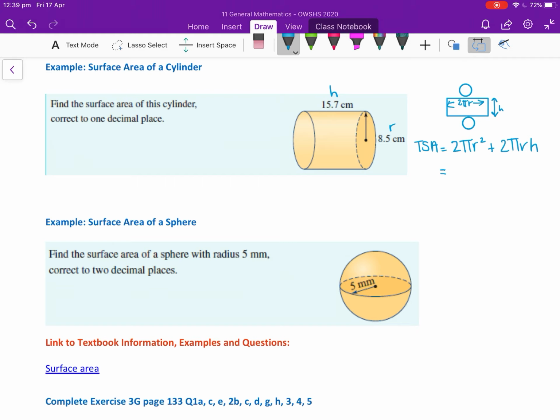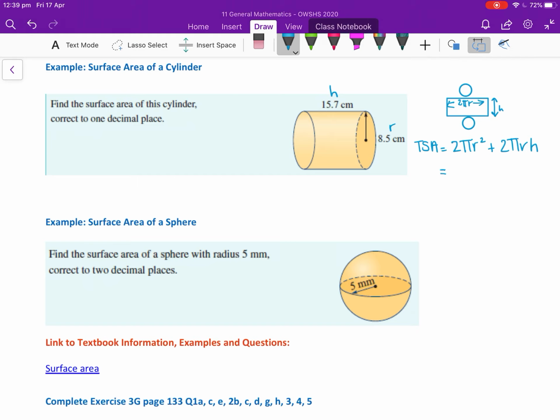My height doesn't change. When I'm laying on the floor, it doesn't become how high I go off the ground. It's still my height from my head to my feet. So whether a cylinder is on its side or upright, height always has to be the distance between the 2 circles, okay? So we can now just sub those values in.